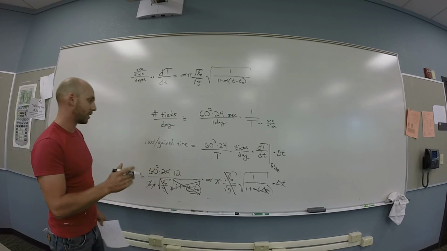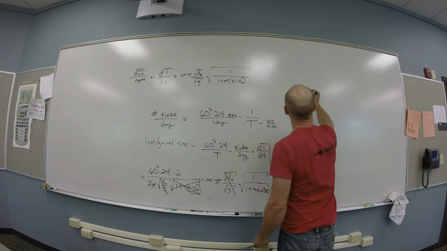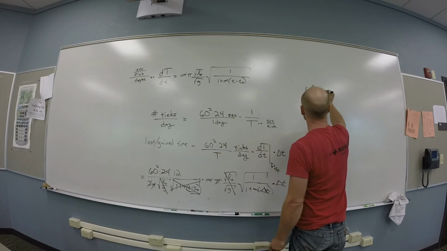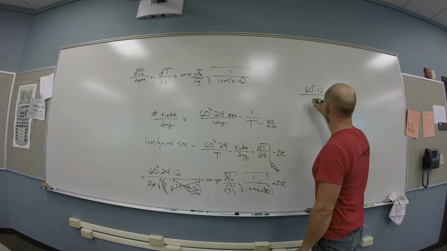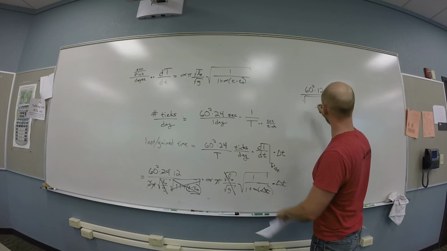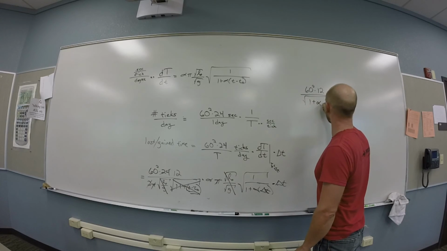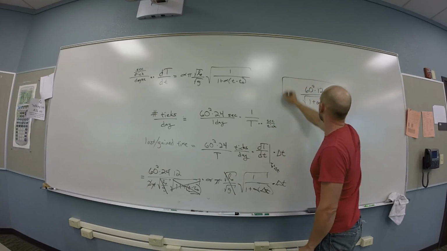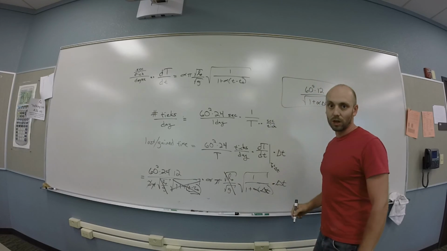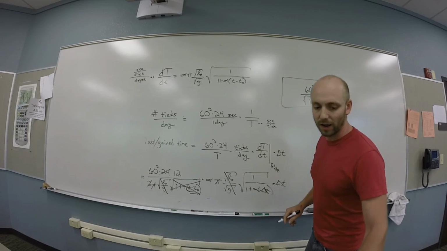Okay, so all told, out of this I get 60 squared times 12 over the square root of 1 plus alpha delta t, times delta t. So there's your total amount of lost or gained seconds per day.